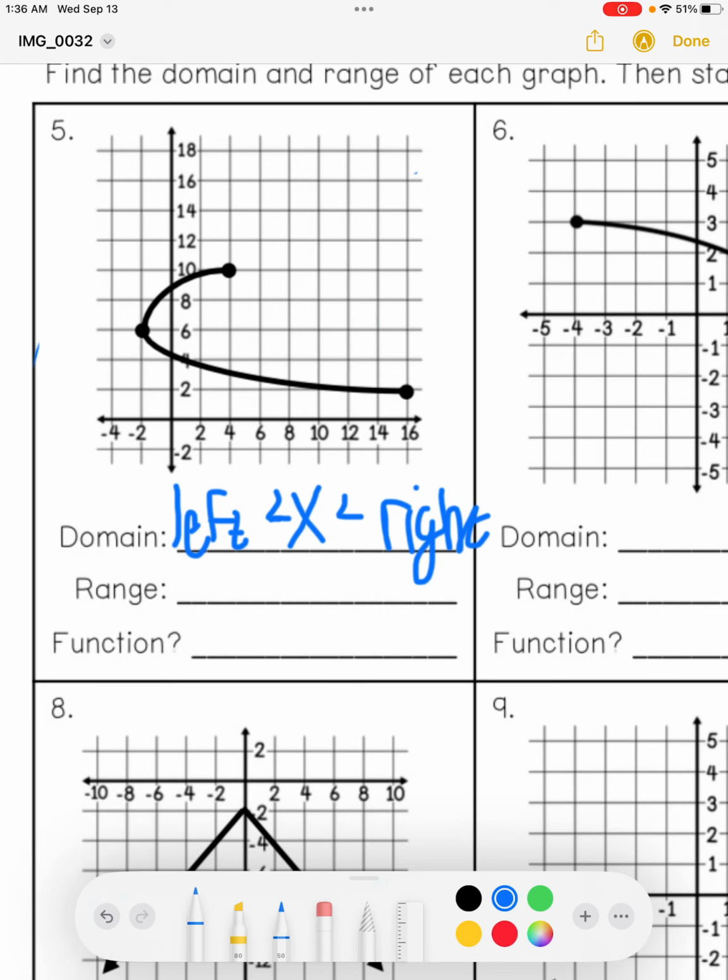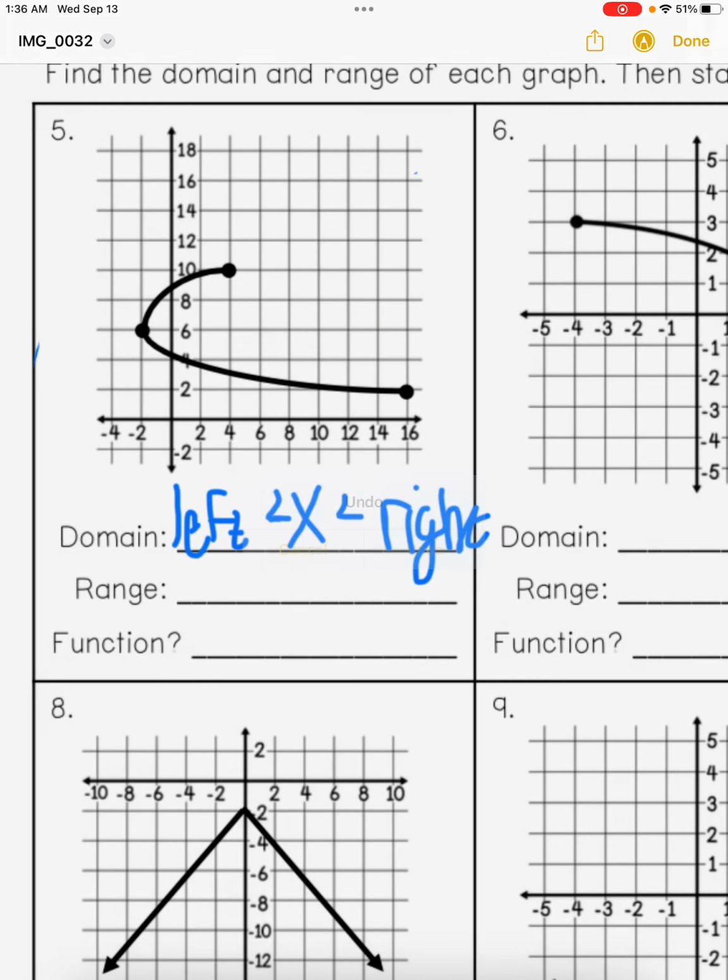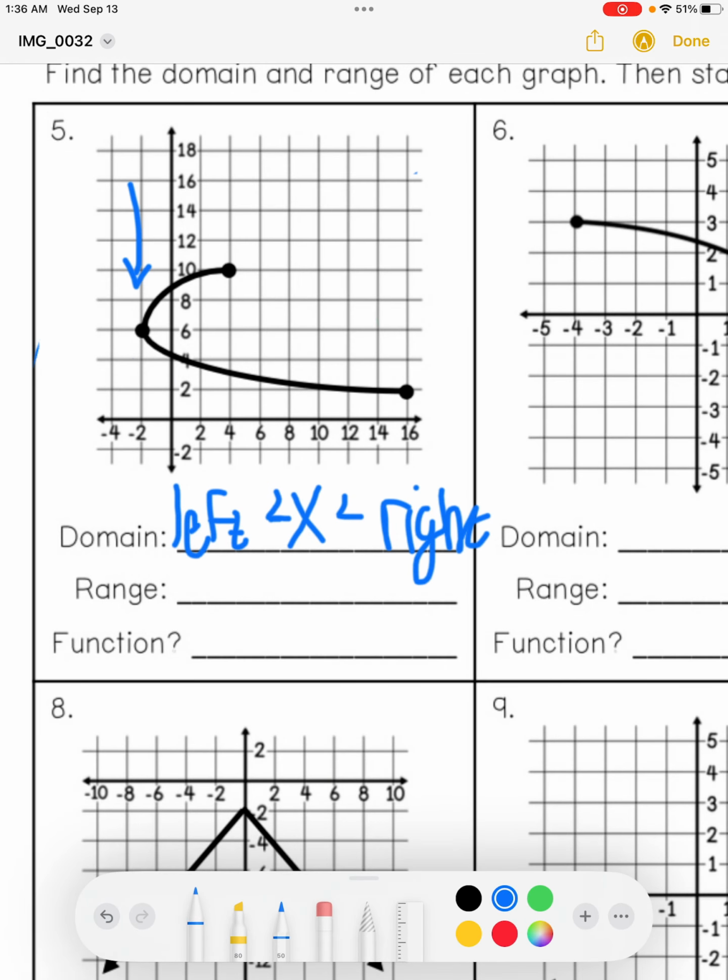When I look at the graph, I have a left point right there, and my right coordinate point is all the way to the right. And now I have to ask, what are the x values of these points? We have two ways to do this. We can do it like we did in the last video, where I take the coordinate points.